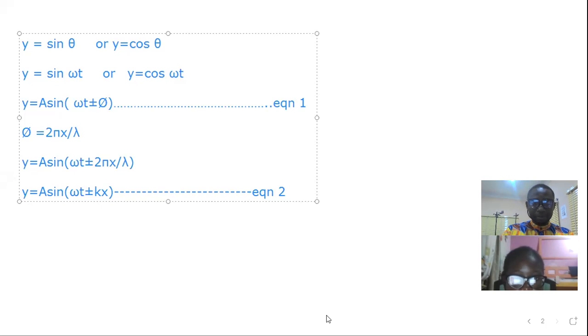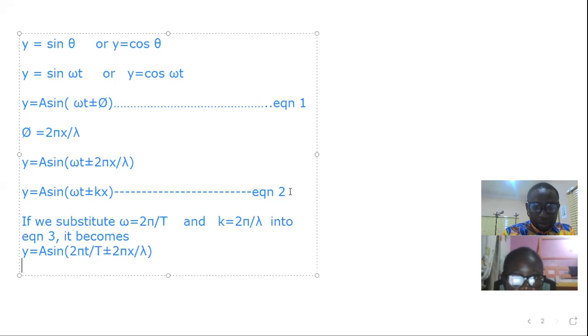We remember that the angular velocity was actually 2 pi over big T, which is also the same thing as 2 pi f.